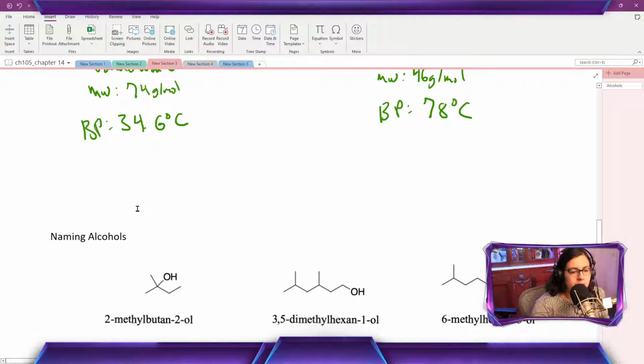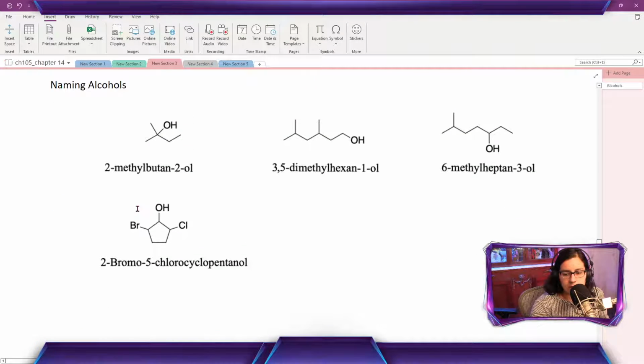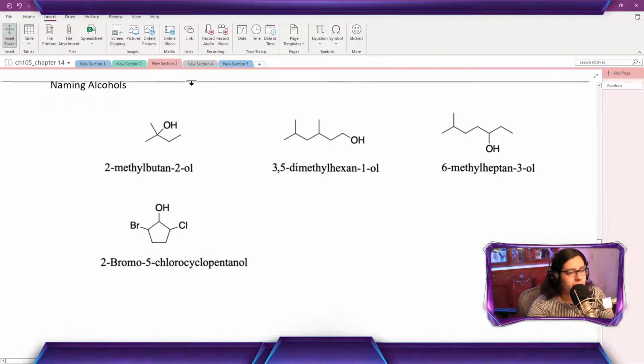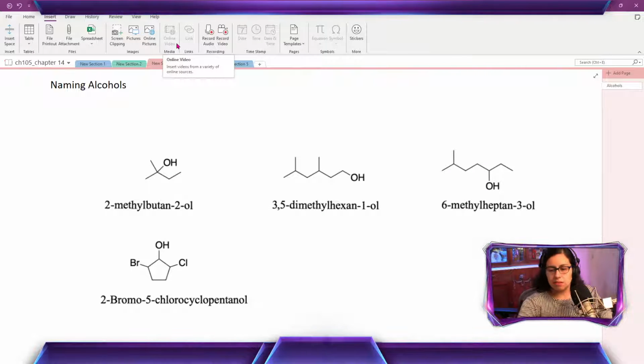So let's practice naming alcohols. I drew up some examples here.